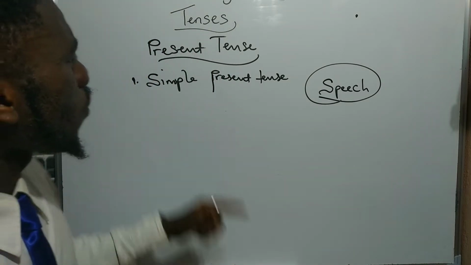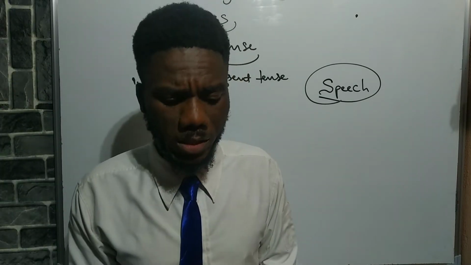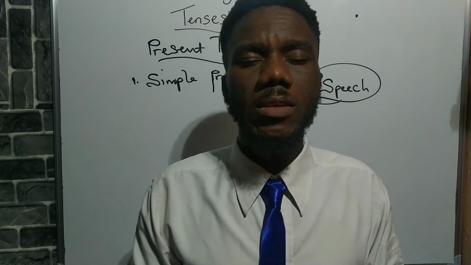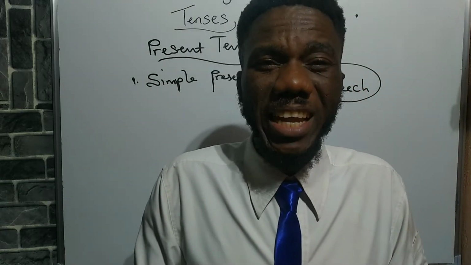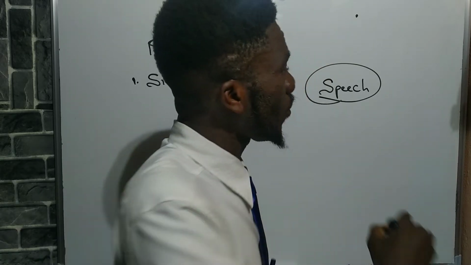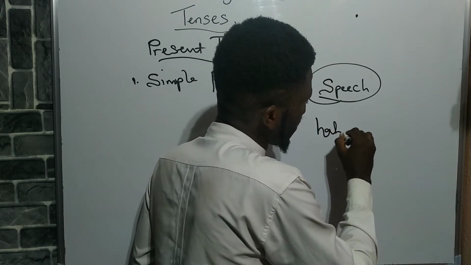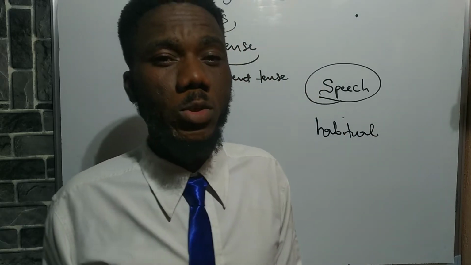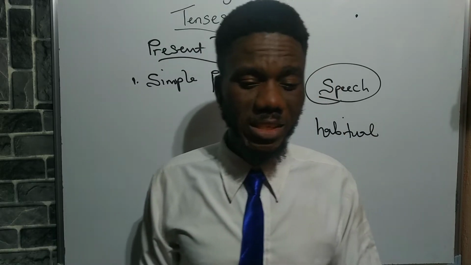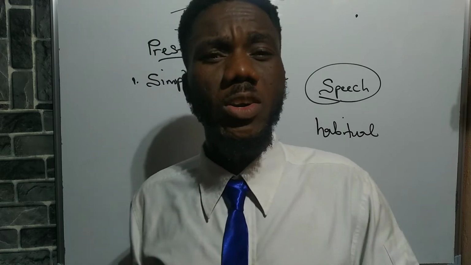All right. Now, what do we mean by simple present tense? Simple present tense simply points to actions that are habitual. The key word that you should not forget there is this habitual. Actions that are habitual. What this means is that this action frequently occurs.